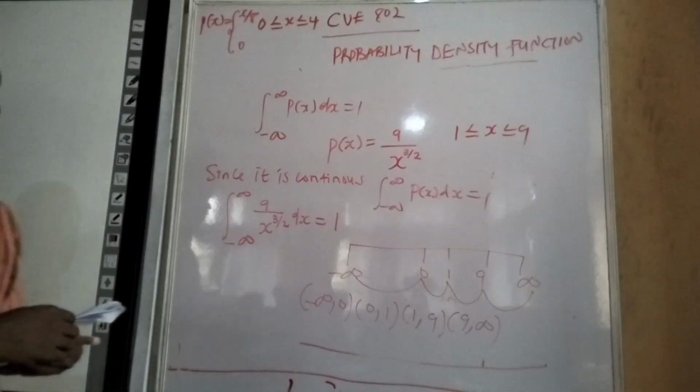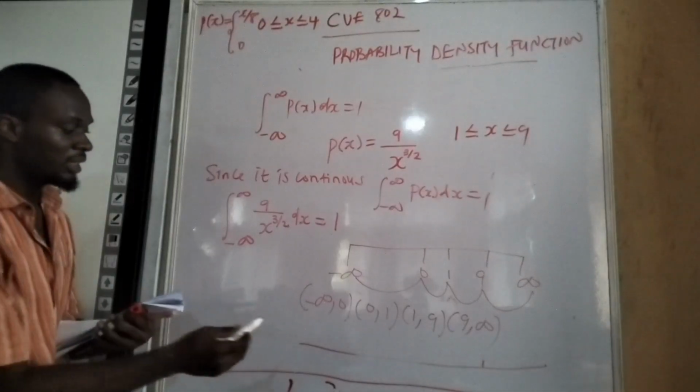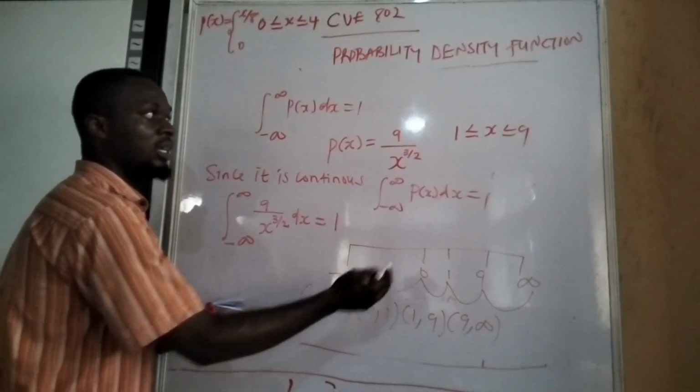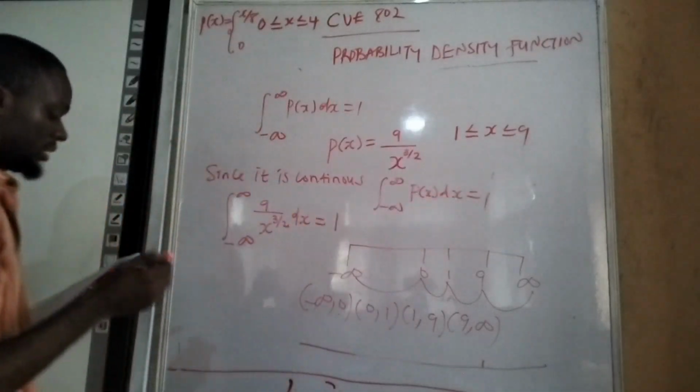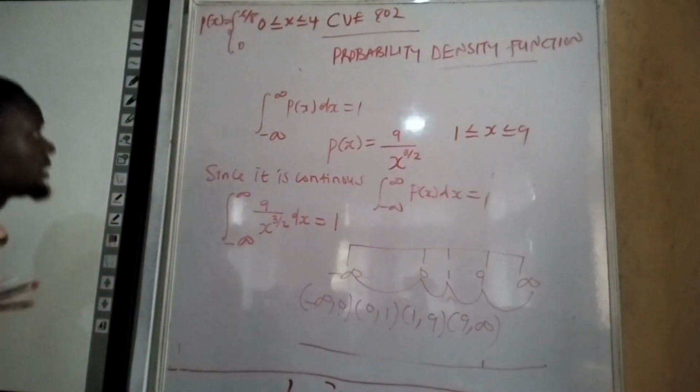So you see that minus infinity to 0, you can't find it here. Okay, let's just write it out.